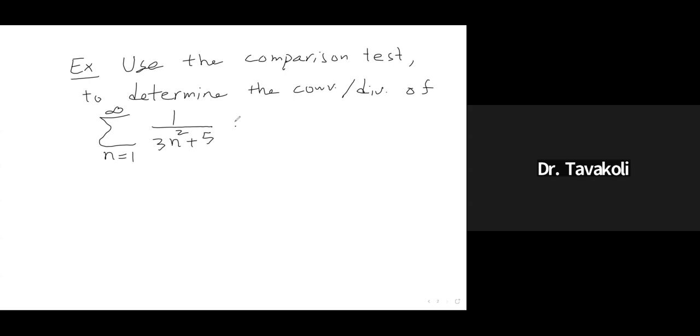Do you know a series that we already know about the convergence and divergence of, and it has some similarity with this series?